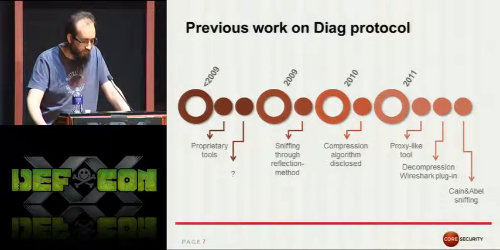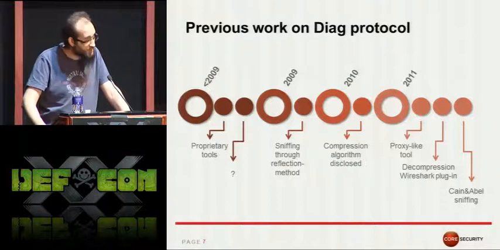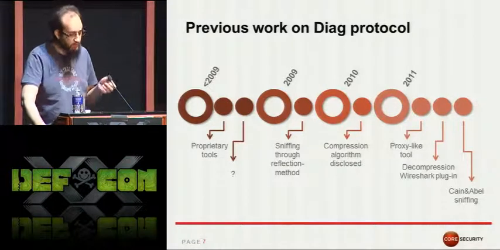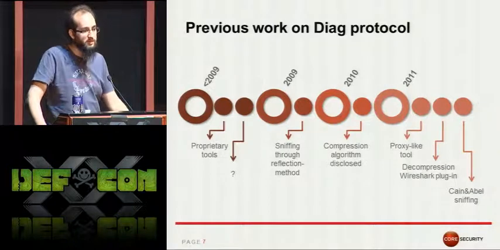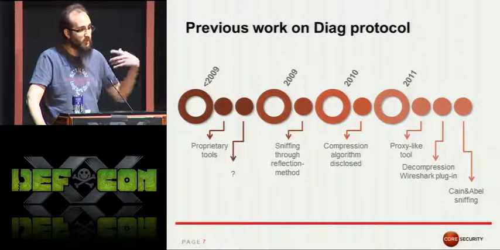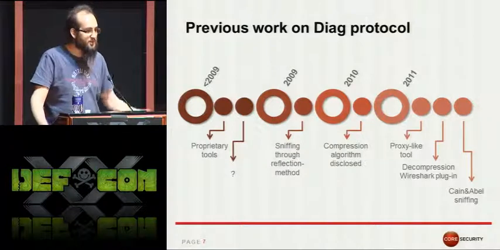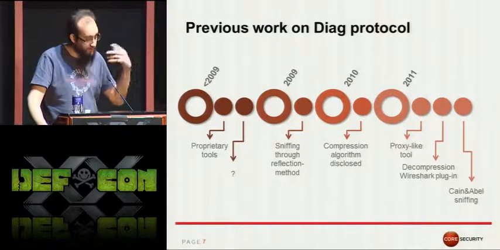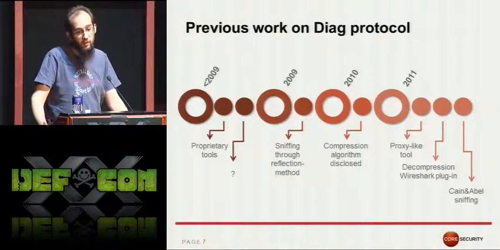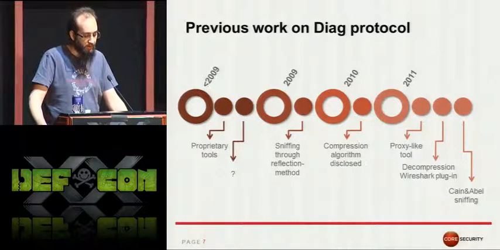In 2009, Securon published a paper in which he introduced a method for sniffing the clear text credentials, which they called a reflection method, which is basically to get a network trace of a login and start a fake server, using the trace of that session and connecting with another GUI to that fake server, and look into process memory to get the plain text password.